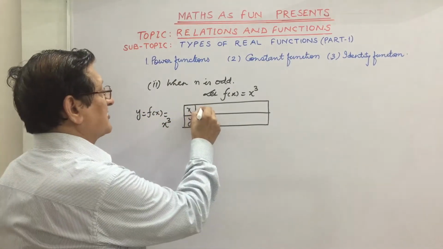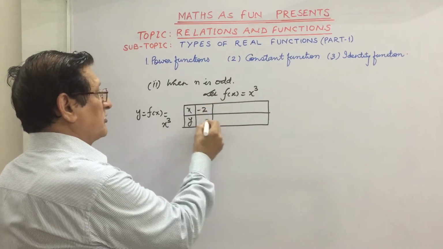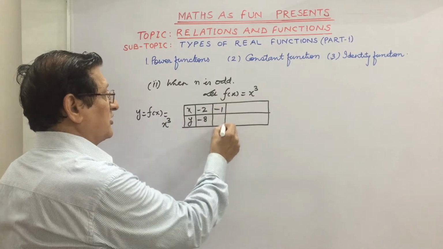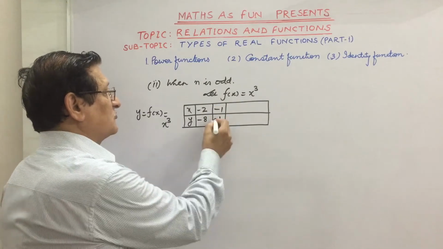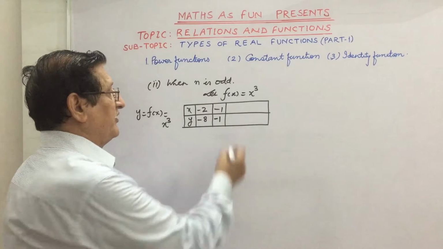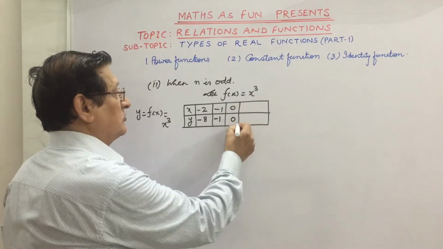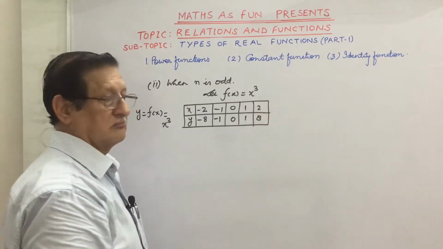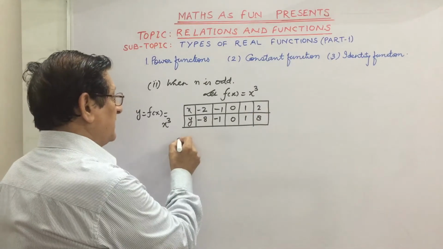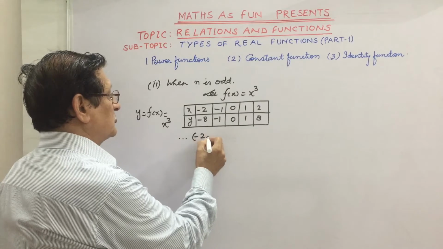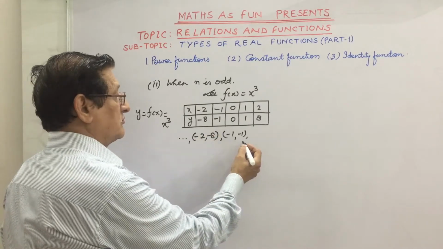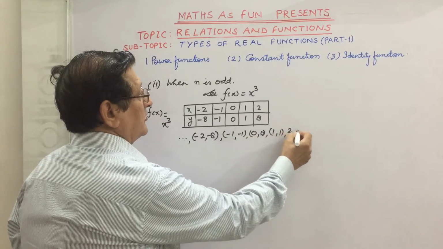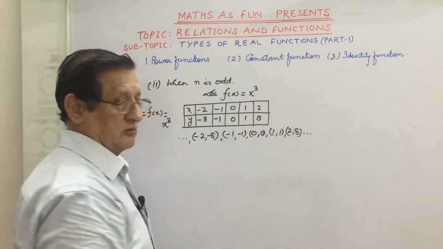If we take x as minus 2, we know the cube of minus 2 is minus 8. If we take minus 1, the cube of minus 1 is also minus 1. If we take 0, the cube of 0 is 0. If we take 1, that is 1. If we take 2, this is 8. The points coming are (-2, -8), (0, 0), (1, 1), (2, 8) and so on.